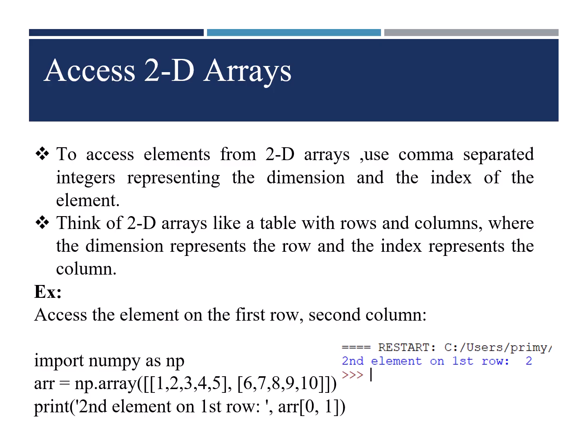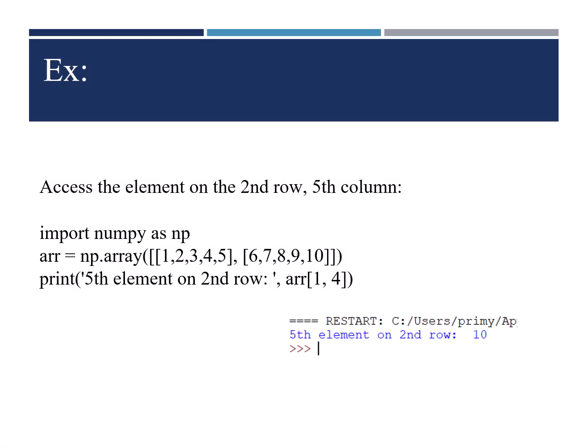Now, when we want to access the second element on the first row, we are supposed to give arr of 0, 1. The other example is when we want to access the element on the second row and the fifth column, we are supposed to give 1, 4. So here the output is 10.